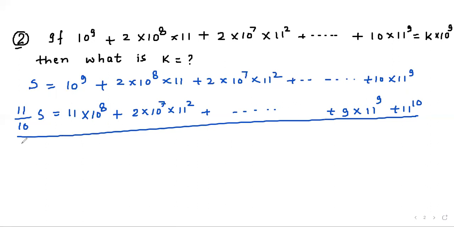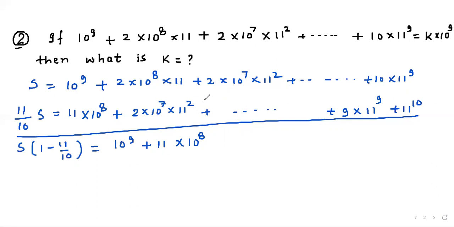So we get S minus 11 by 10 S equals 10 power 9 plus 11 into 10 to the power 8, from here 2 into 11 into 10 power 8, this is 11 into 10 power 8.